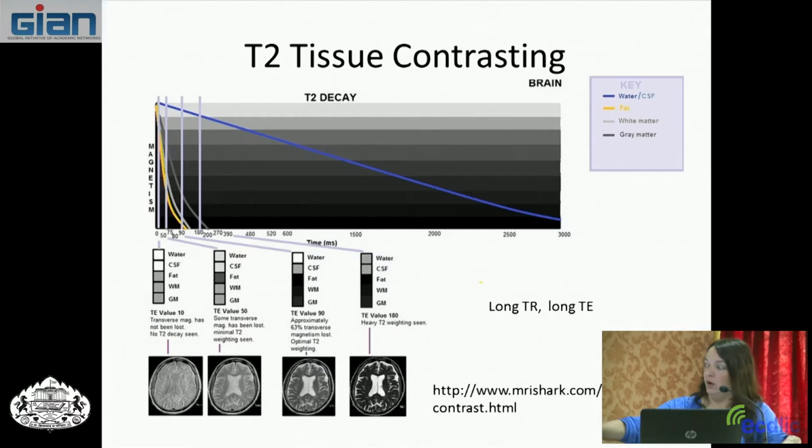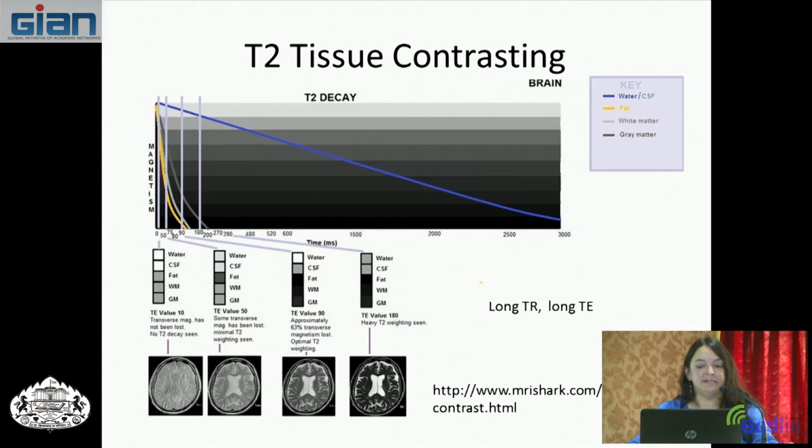Whereas if you go along to about the third image there, about 63% of the transverse magnetization has been lost, and this gives us our optimal T2 weighting. So in this case, water or CSF has the slowest phase coherence loss. That's that blue line again, whereas the fat has the fastest.